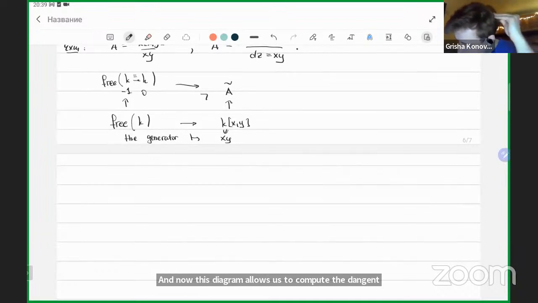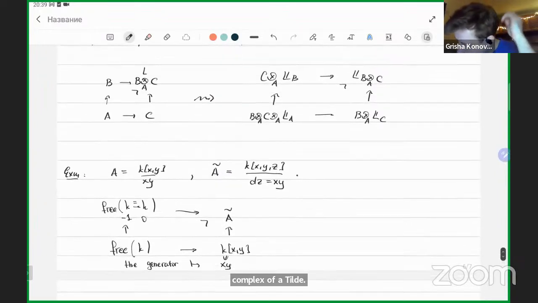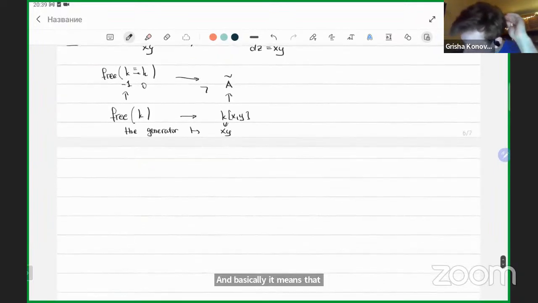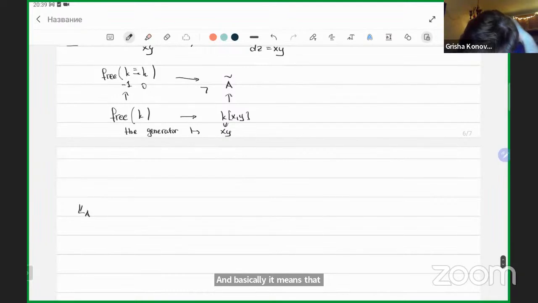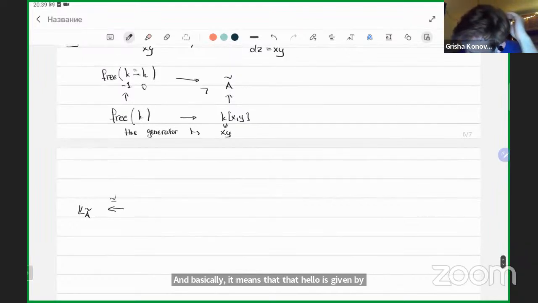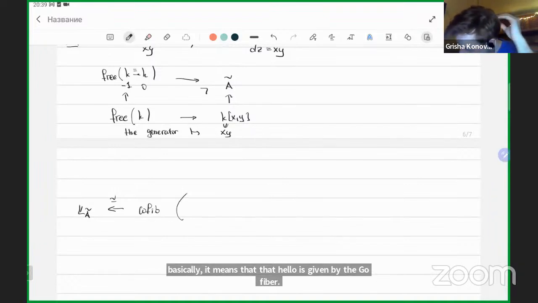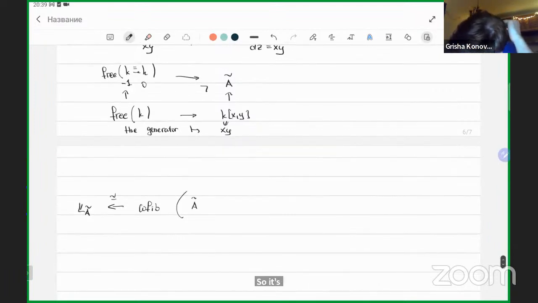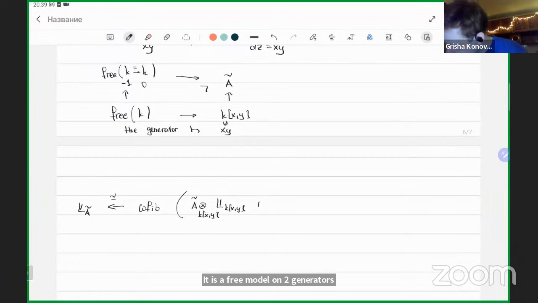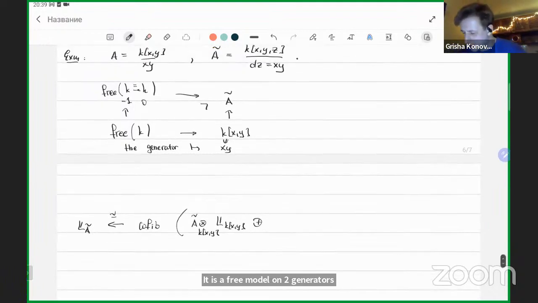And basically it means that, let me maybe write it, that A tilde is given by the cofiber of the following map. So it is a free A tilde model on two generators.